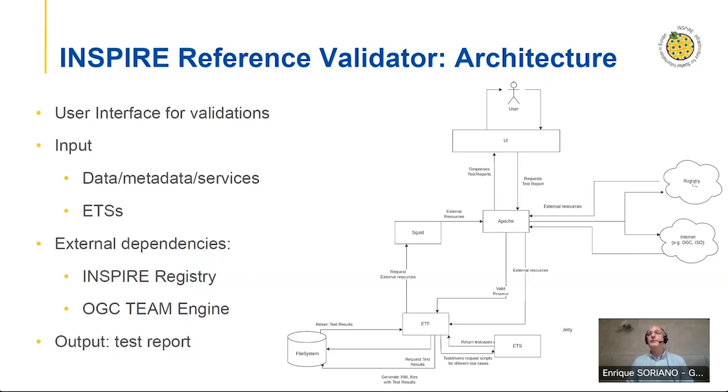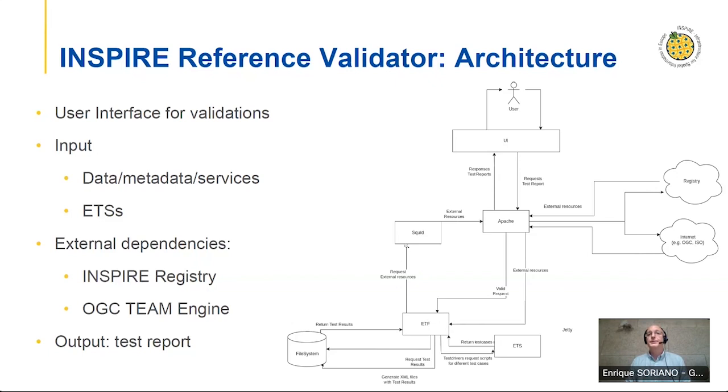A very good example of this are either the registry or the team engine or some other resources, schemas that you have defined in your premises and that kind of resources. So for this, it's important to highlight that there is a specific cache architecture that also deals with issues like redirections.